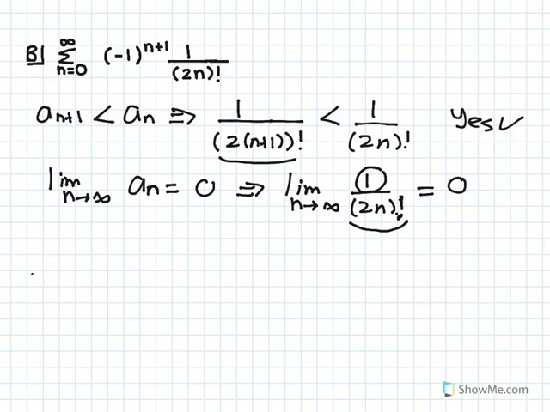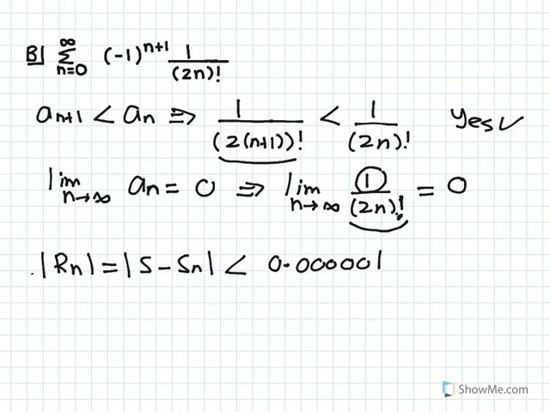This alternating series converges, so we can apply the remainder theorem to find out how many terms we need to add up to reach the required level of accuracy, which is 5 decimal place accuracy. So the absolute value of R sub n, which equals the absolute value of S minus S sub n, is less than 0.000001.